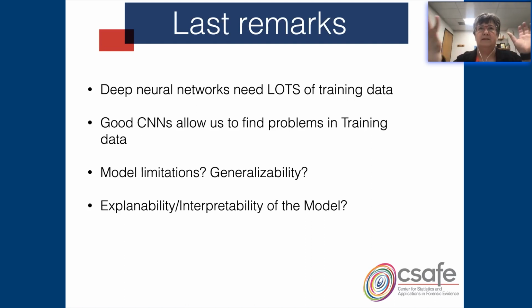How reliable is this model when I'm using it on a particular data set? Another big issue is, how do we explain the results? And you've seen that the better the models are, the harder it becomes.